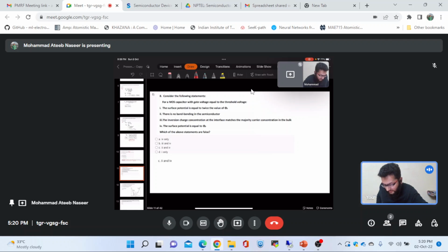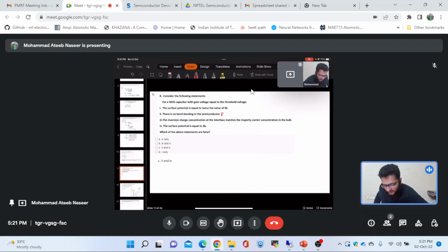The surface potential is equal to twice the value of phi f. That's true, so this statement will remain. There is no band bending in the semiconductor. This is absolutely wrong. This will only happen at the flat band voltage. So this is a false statement, and I will write F against it.